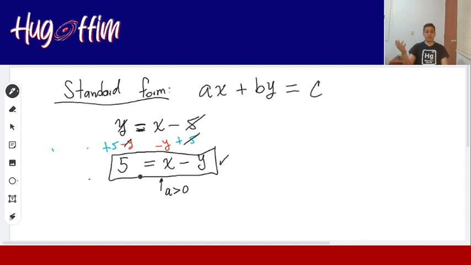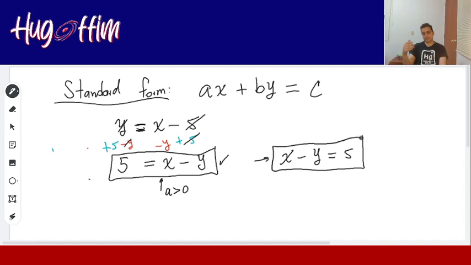The standard form of a line is when you put the expression in terms of variables on one side and constant on the other side. If you want to write it in the way I wrote it here, it will be x minus y equals 5. And this is how you can show your work in a standard form.